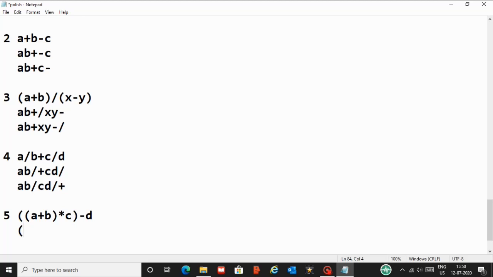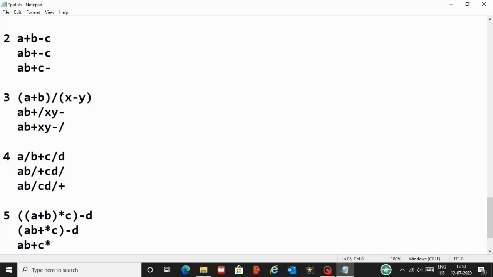Since there is a bracket, I will say AB plus, then star C. Still I haven't completed evaluating it, so I will write the bracket. After that I need to do AB plus C star.